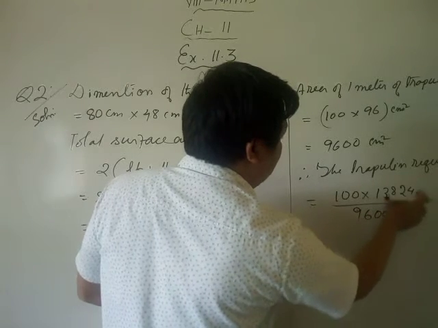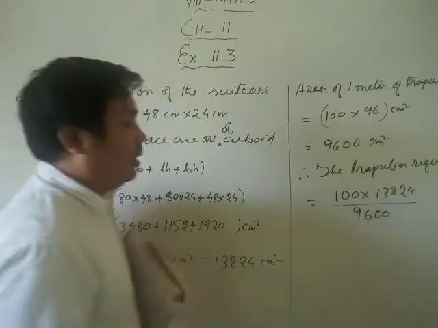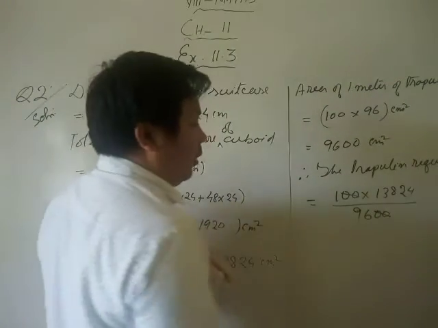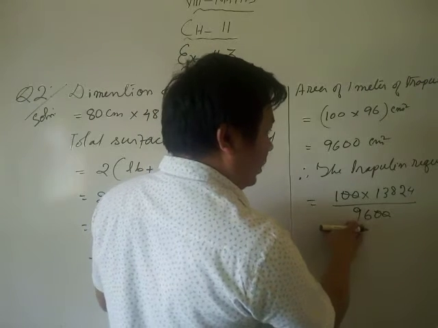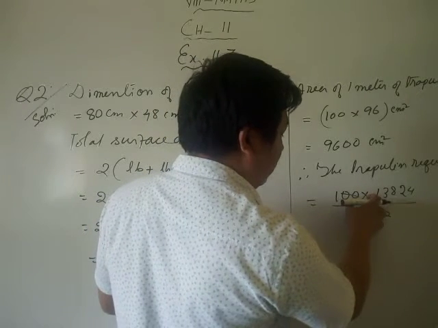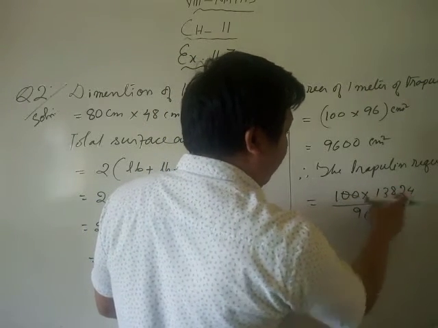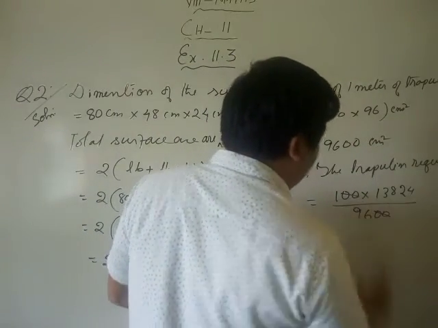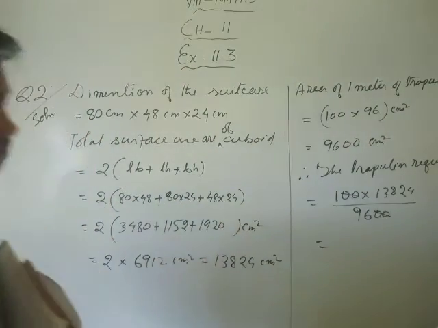We multiply first and then divide, which gives us 1,382,400 divided by 9,600. Then how much are we getting here? Let us see.